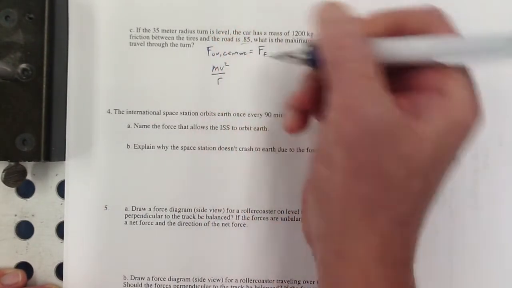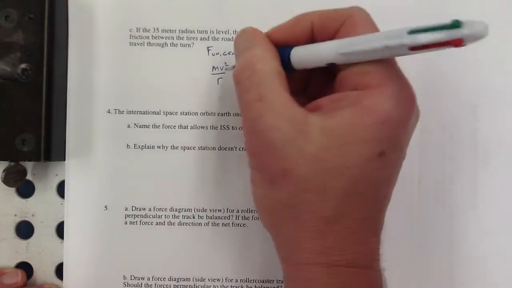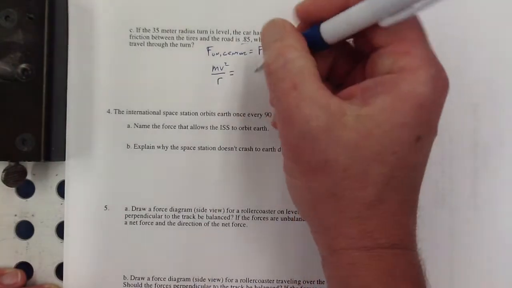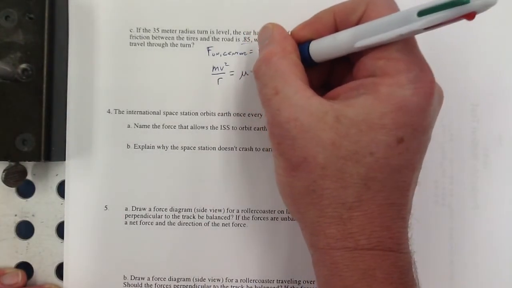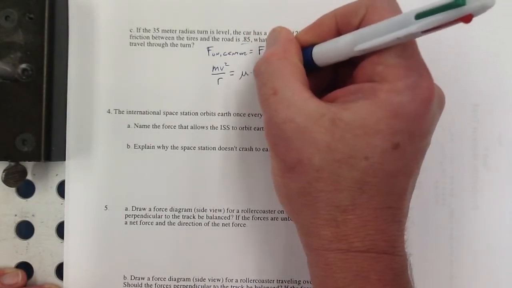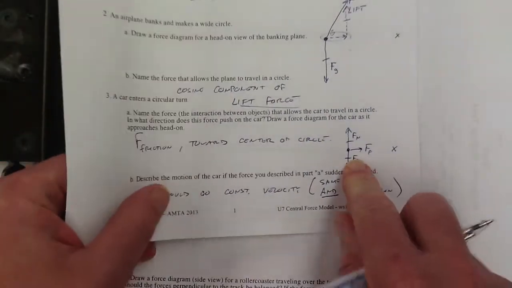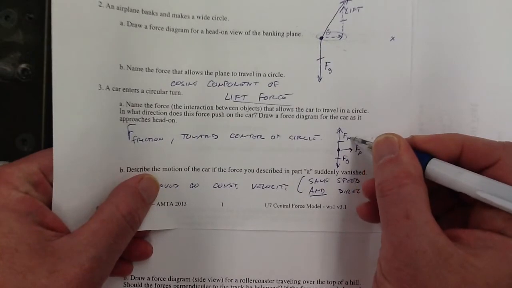That's our big new equation. It's the only new equation from this unit, in fact. And the force of friction, I know, is equal to mu times the normal force. And I also know that from my force diagram here, that the normal force is equal to the gravitational force.